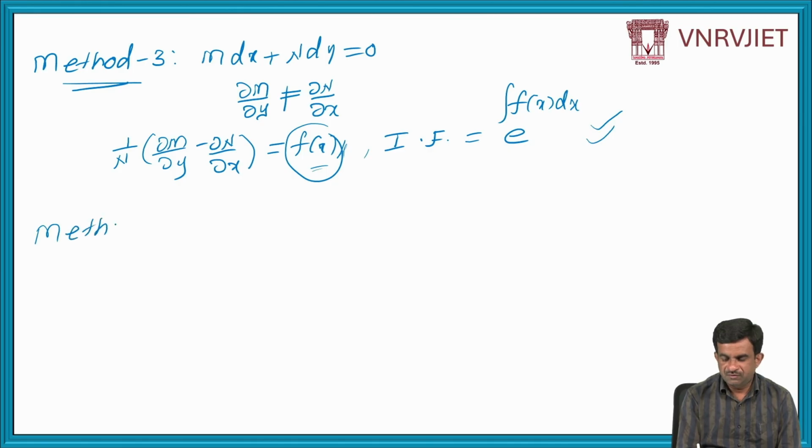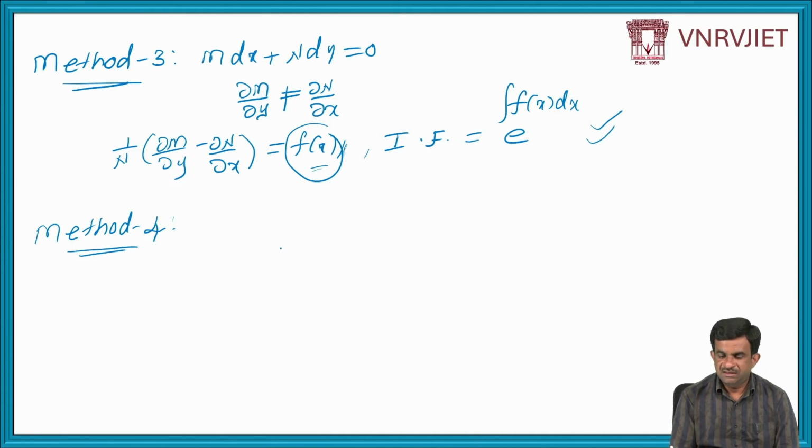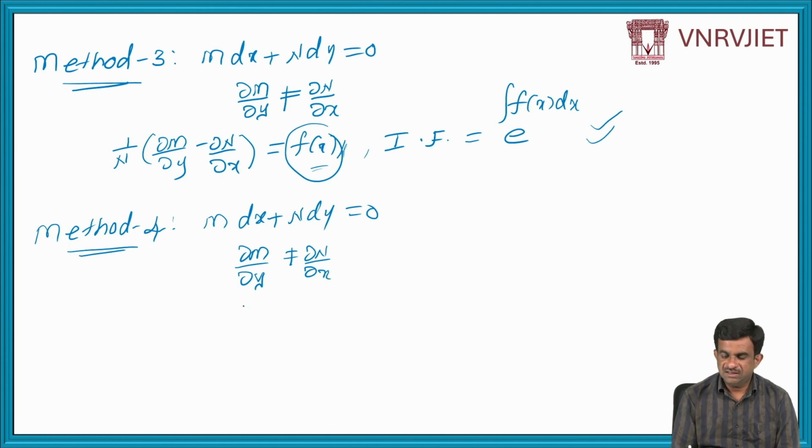In method 4, we have to check the condition for exactness. For the differential equation M dx plus N dy equal to 0, if ∂M/∂y is not equal to ∂N/∂x, it is non-exact.